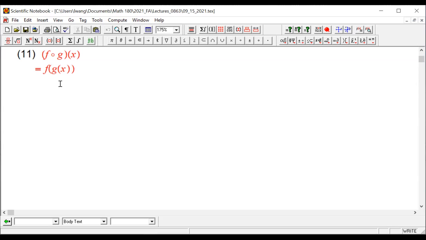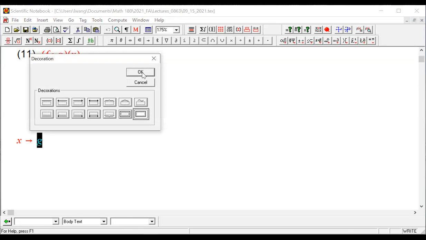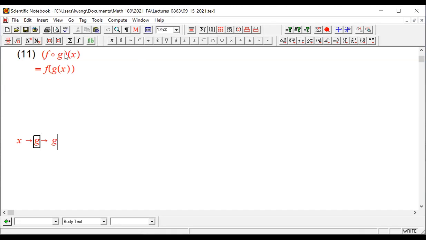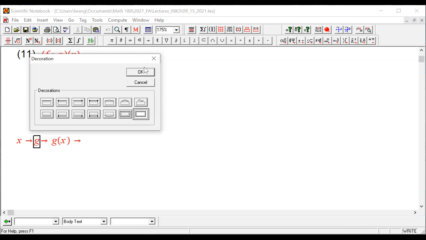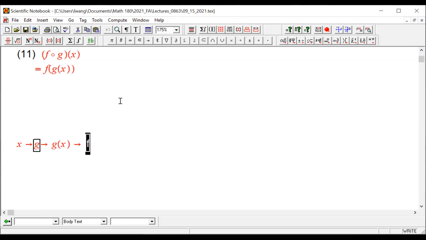If in the future you're doing programming, writing programs, x serves as the input for the g function, and the g function will produce an output, g of x. And g of x will serve as input for f, and this is going to produce an output, which is f of g of x. This is the composition.